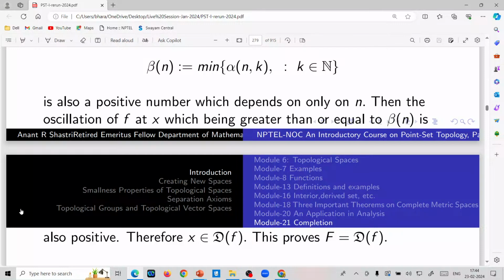Namely, starting with a collection, you take all finite intersections of them. So that's a larger family, right? Now you take all possible unions. That will be a topology. But now the original thing is not a basis.